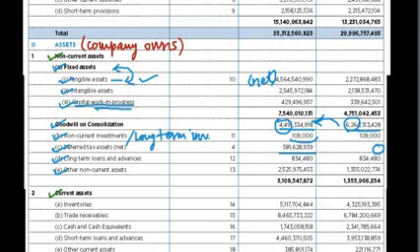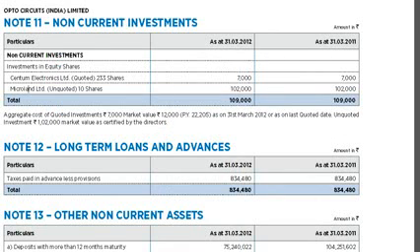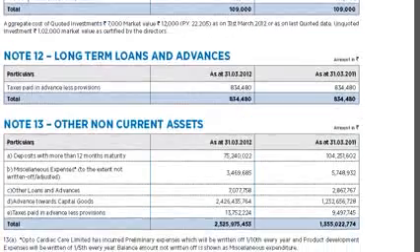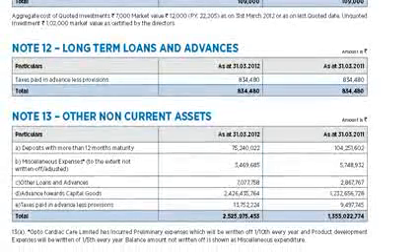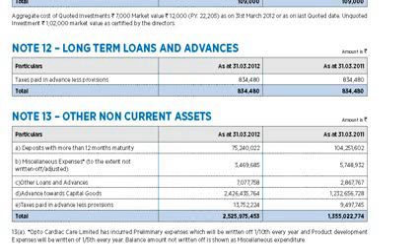Moving on to the final segment of the non-current assets, we look at other non-current assets. Here we are on schedule 13, which explains what exactly is non-current assets for the company. As you can see in schedule 13, the non-current assets represent items like long-term deposits.